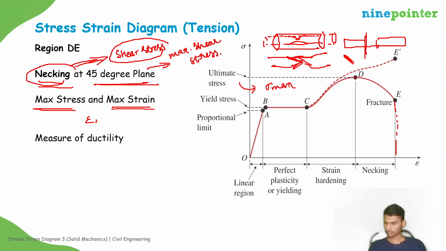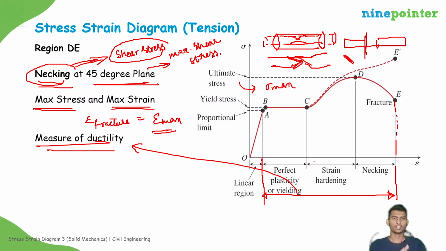If this region is more, then it is more ductile, meaning before failing it will elongate, meaning it will give a signal. If you use ductile material in a structure, before failing it will give you some hints that I am going to fail, I am going to fail. But in the case of brittle materials, there is no signal, it will fail suddenly, which we will deal with in the next lecture. So this is about the stress-strain diagram of ductile materials.